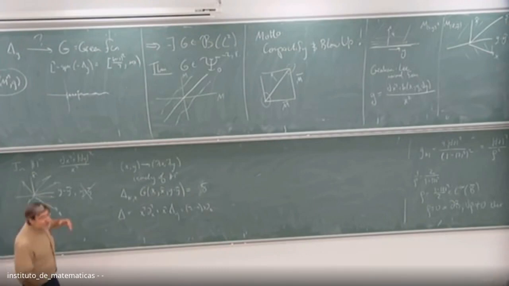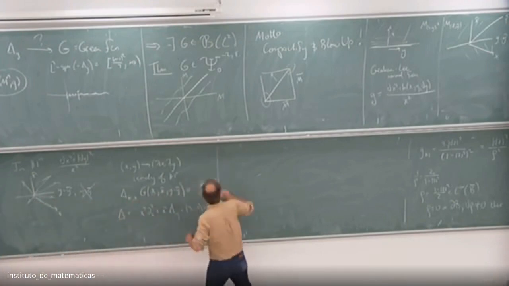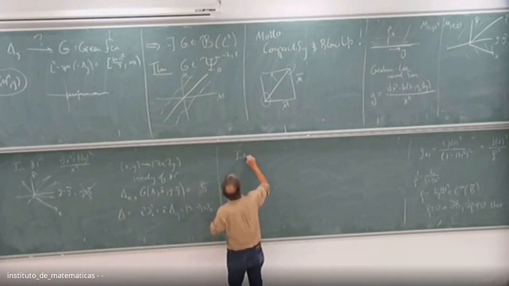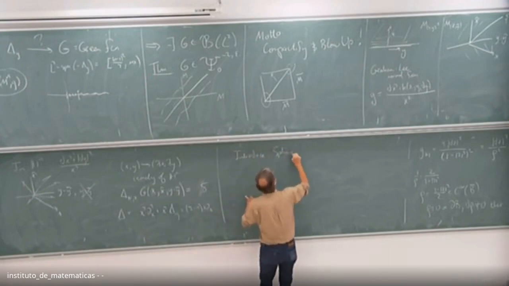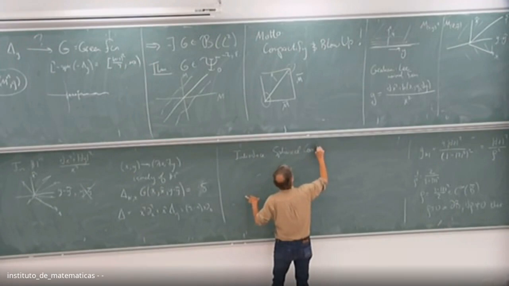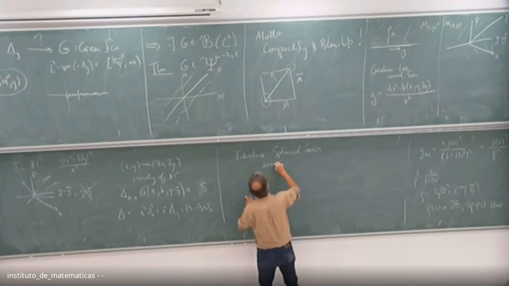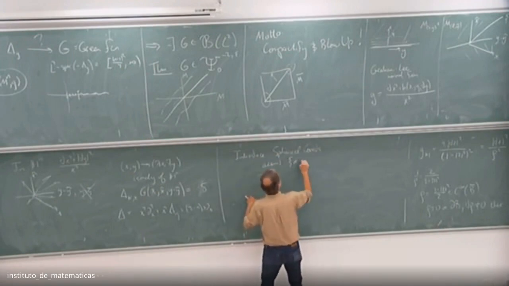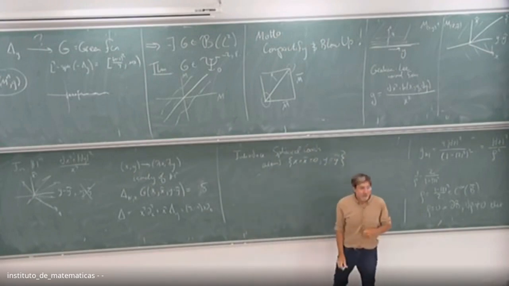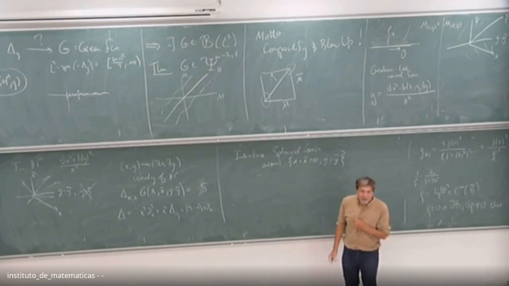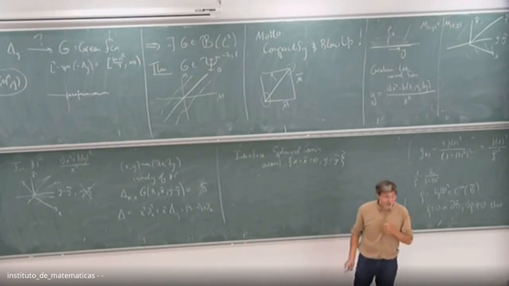So what I'm going to do is introduce polar coordinates. So I introduce spherical coordinates around the point. So this is the point in the corner, x equals x tilde equals 0, y equals y tilde. Let me say it more directly: I introduce spherical coordinates and take them seriously.